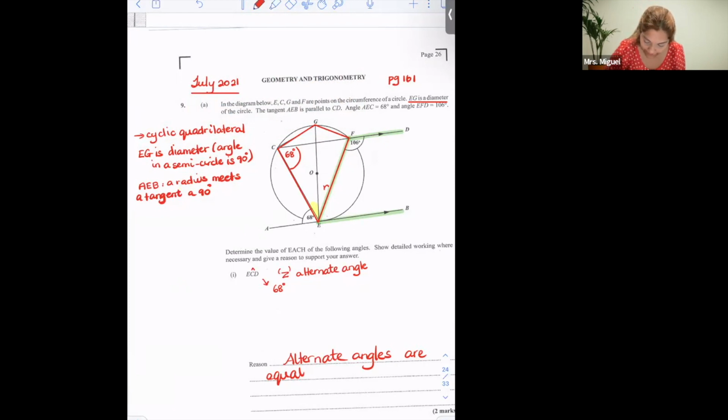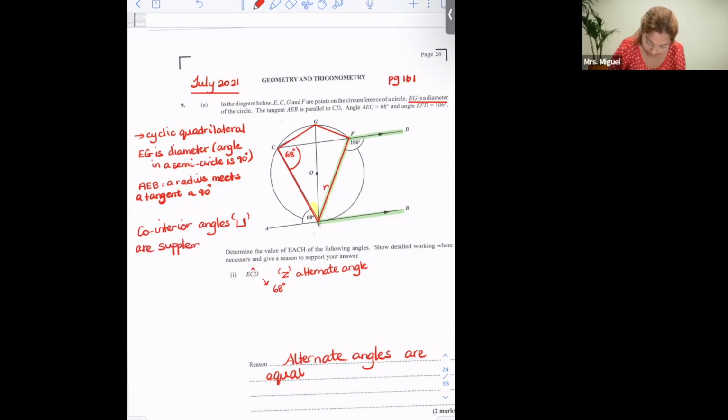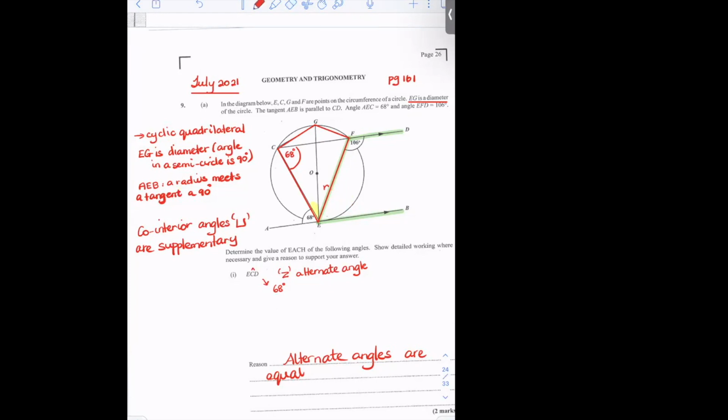So, co-interior angles are U-shaped and they are supplementary, meaning that they add to 180. So if this is co-interior, work out this measure for me, please. 180 minus 106 is how much? 74. Right?